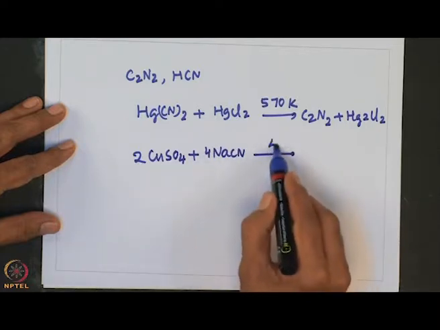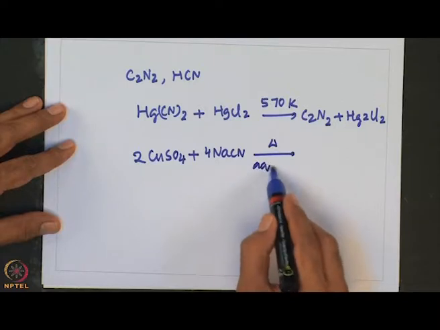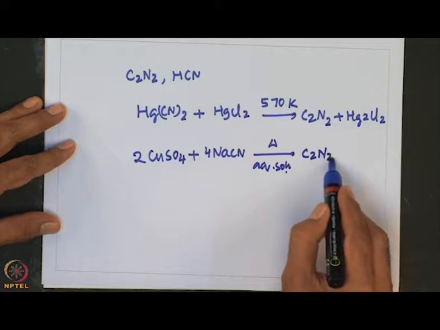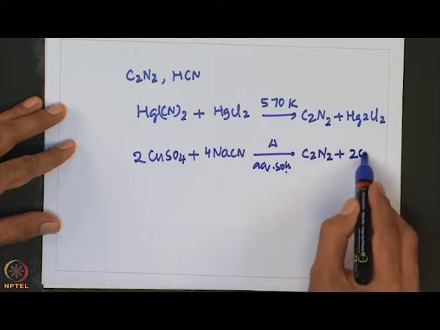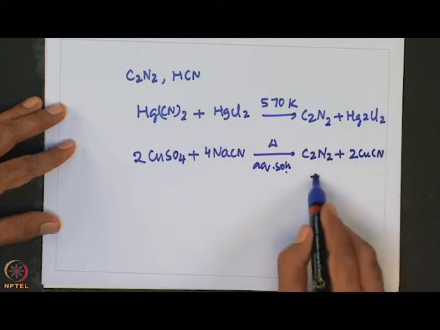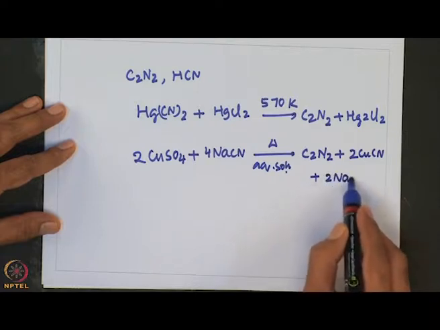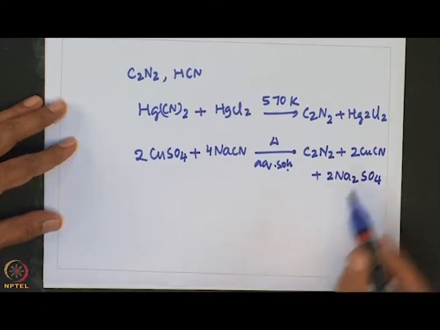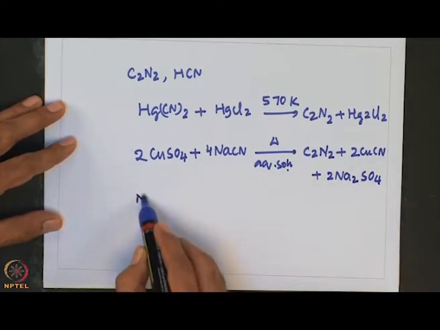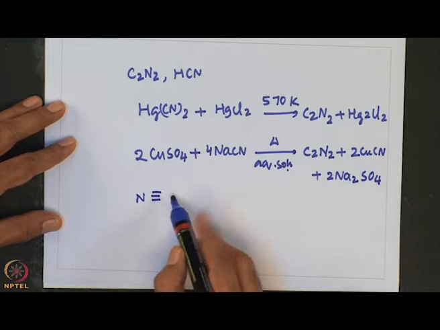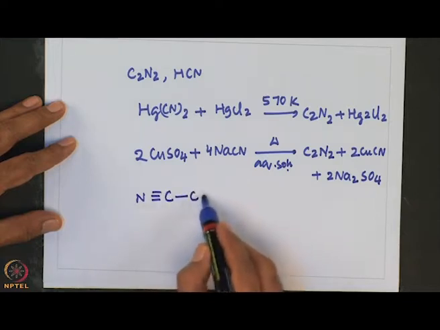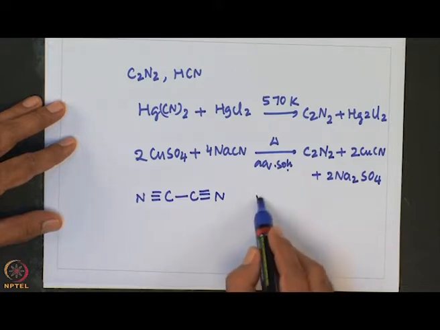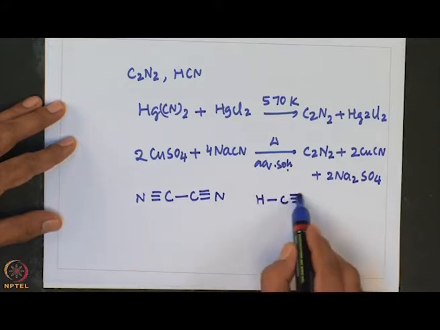For example, on heating the aqueous solution, it gives C2N2. Cyanogen has a linear structure something like this, and of course very similar to here.